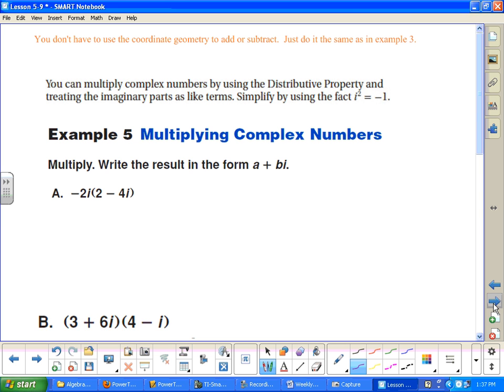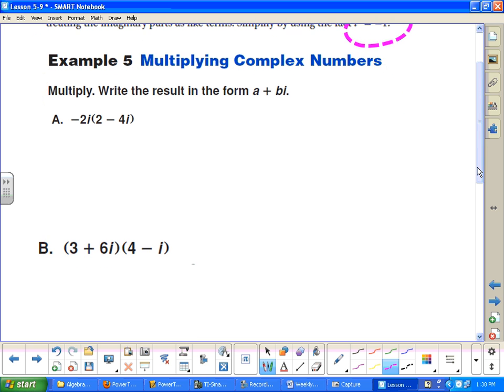Now, we're multiplying. One thing we need to remember is that i squared equals negative 1, and we're going to end up with i squared in some of these problems. When we multiply complex numbers, we multiply them just like we would polynomials. So if I have a negative 2i in front of this 2 minus 4i, we're just going to distribute. What's negative 2i times 2? Negative 4i. And negative 2i times negative 4i is plus 8i squared.